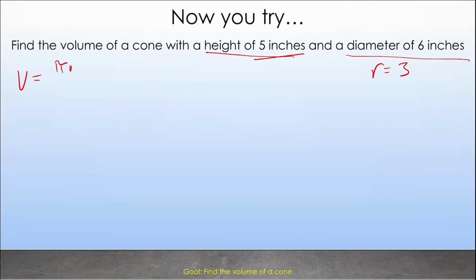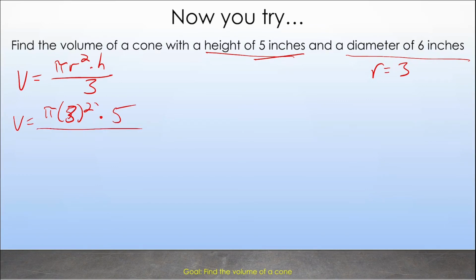Volume is pi r squared times h divided by 3. So we get pi times my radius 3 squared times my height of 5, all divided by 3. Volume is 9 pi times 5 divided by 3, 15 pi divided by 3.